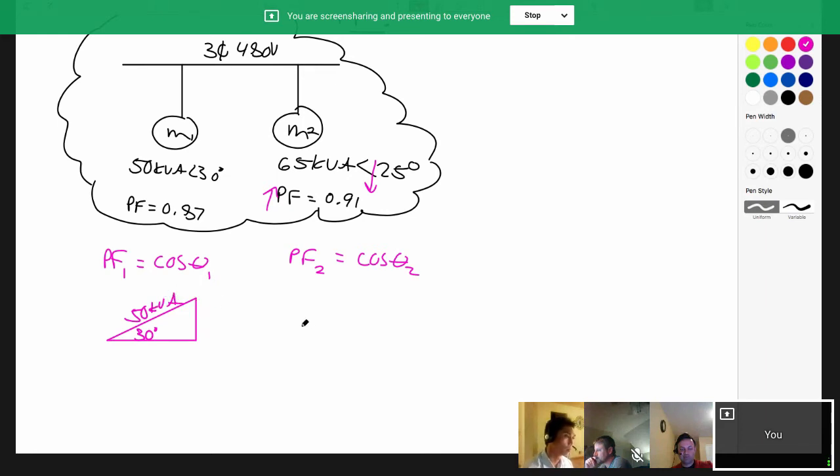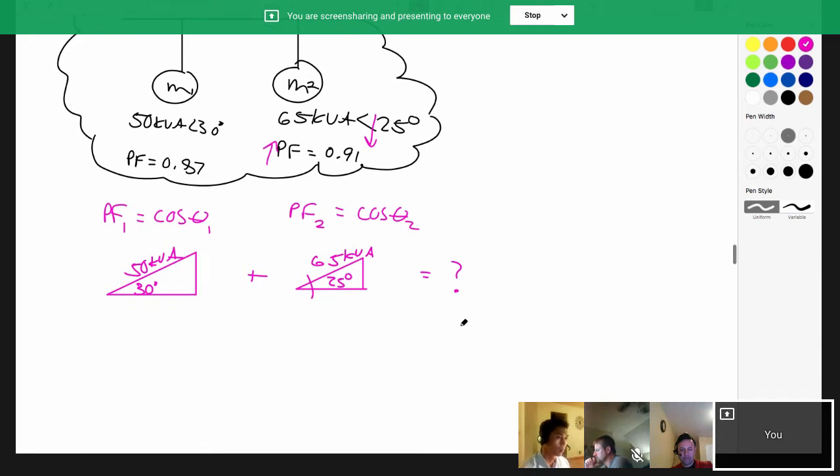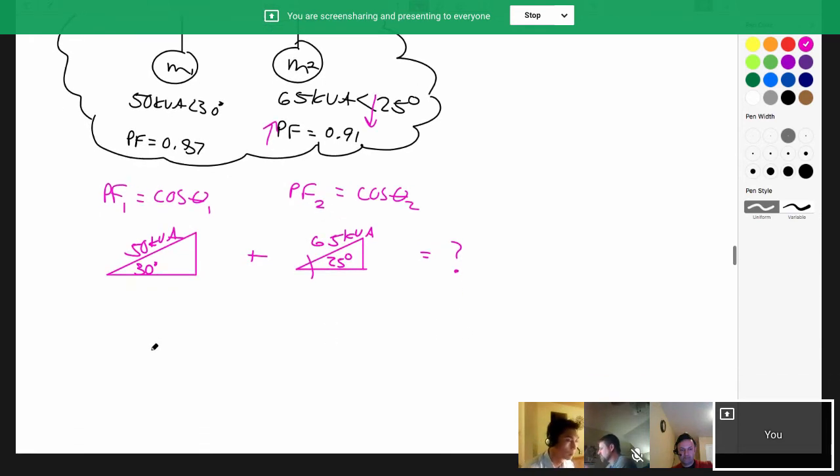We've got another power triangle that looks like this. What happens if we add these two? Can't we say this is equal to S1 plus S2? Okay. That's easy. I know how to do that.